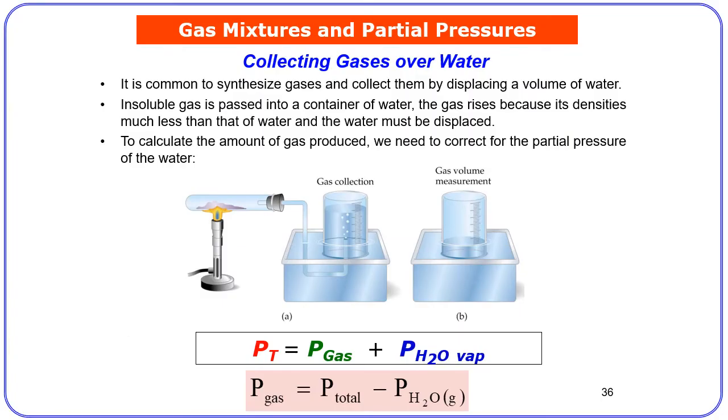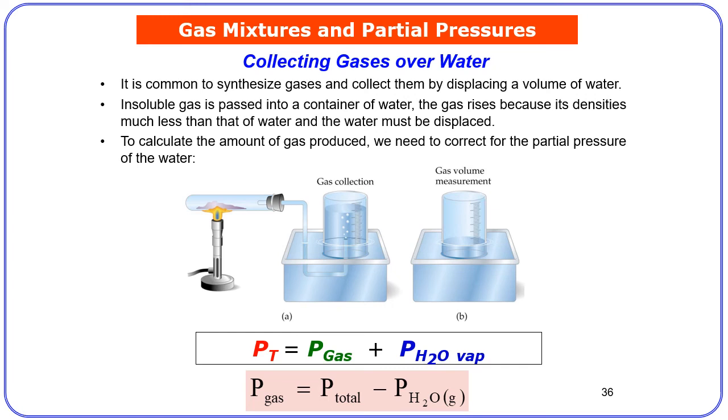Alright, so next, the water displacement method. The water displacement method is the method that we use to synthesize a gas and collect it by displacing a volume of water.